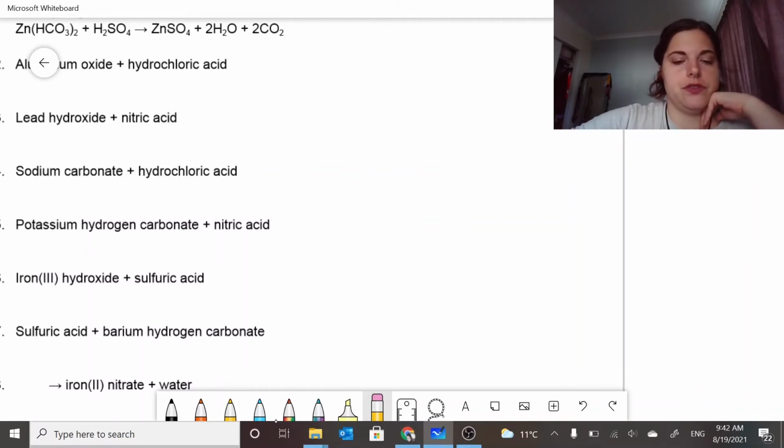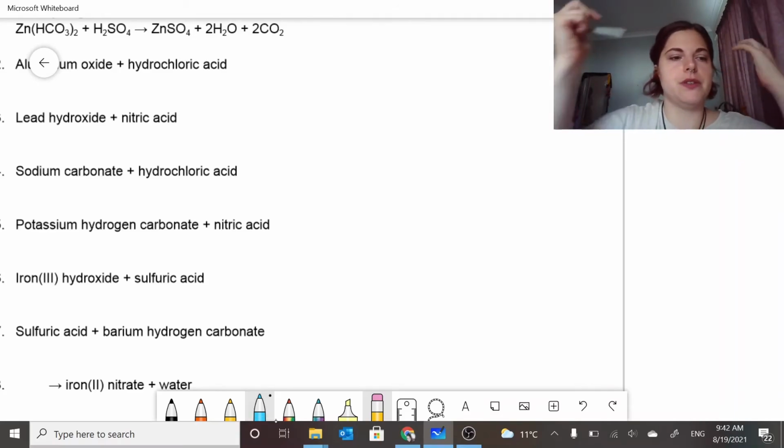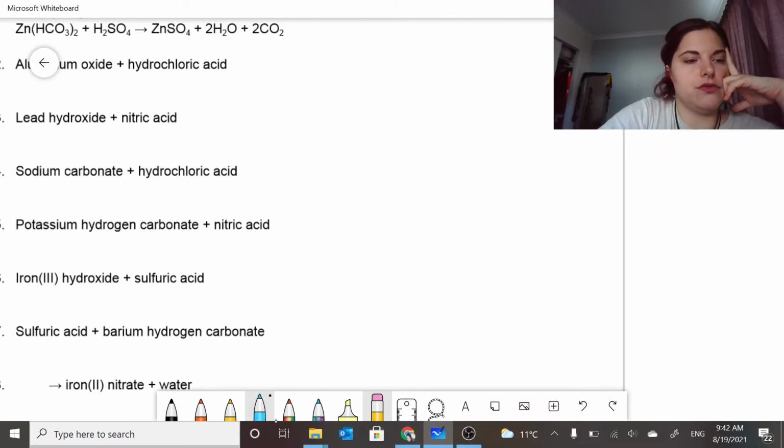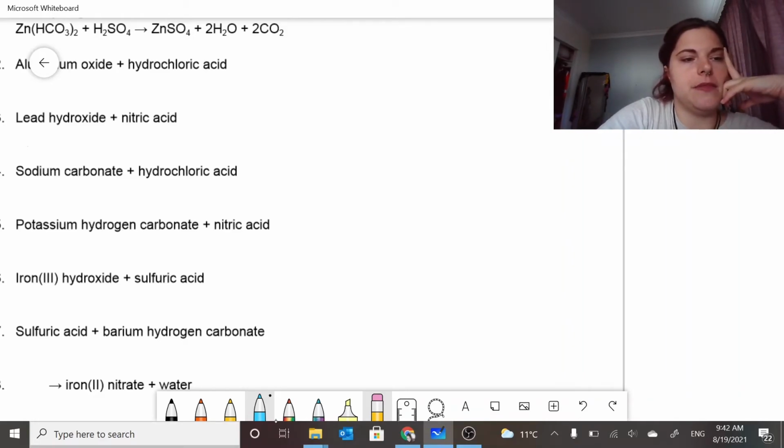Okay, so I like to break these up into our ions. So we have got sodium. This time I'm going to do the unbalanced symbol equation up the top just so it's a little bit less messy. So we've got sodium, we've got a carbonate. So this is 2 minus, so we're going to add in an extra sodium.